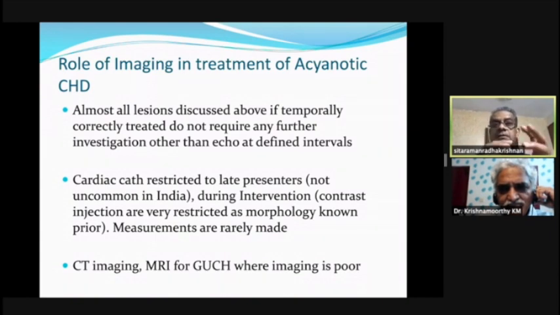So these are a certain subset of patients wherein the index of suspicion can be high, but cannot be imaged very well by 2D echocardiography. They have to be subjected to CT in order to define it. But it is the combination of an unusual echocardiographic finding and a clinical picture which is suggestive of some compression.